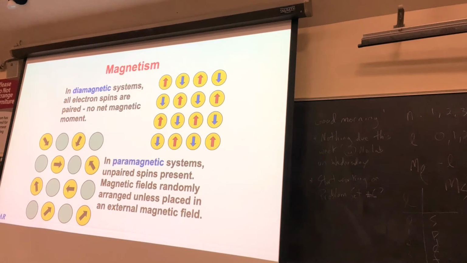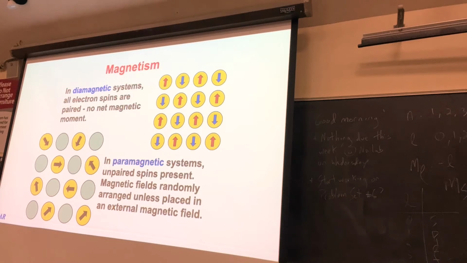And these will create a little bit of magnetism, and that has an effect on the reactivity, we're going to see. So you can think about it as diamagnetic, no magnetic field, just as many ups as downs. Paramagnetic, though, you will have some kind of net more up than down or more down than up, some kind of magnetic moment. These aren't super strong magnets by any means, but it is something that does affect their reactivity.